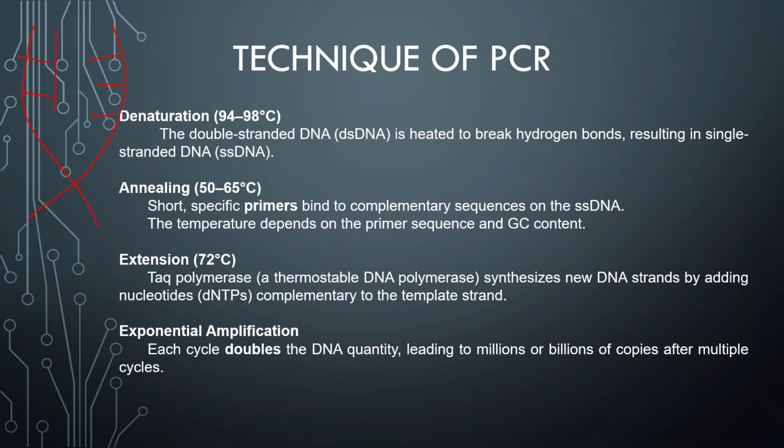Next, extension. Taq polymerase, a thermostable DNA polymerase, synthesizes the new DNA strands. The Taq polymerase gets attached here and starts synthesizing by adding nucleotides, or dNTPs. They make complementary A, T, G, C, and the strands will be formed. This is an exponential amplification, so many copies of the certain DNA will be formed.